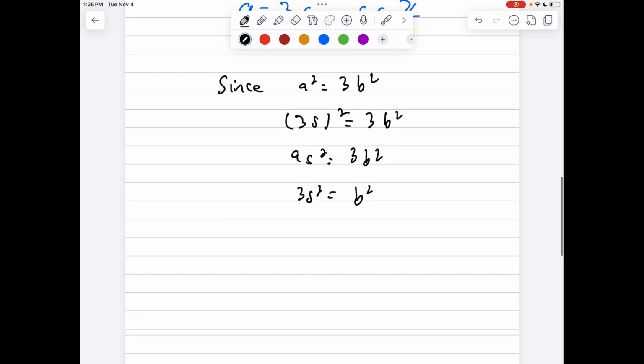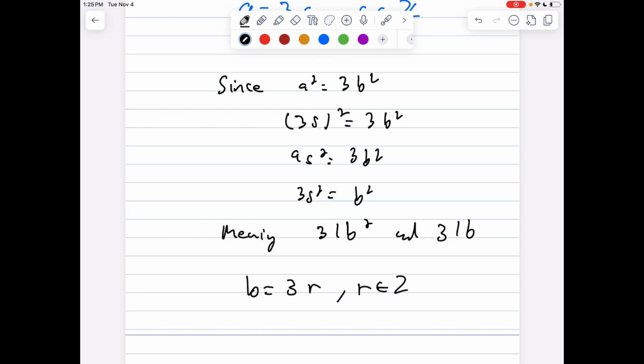Well, this means that 3 divides b squared as well, and by what I said earlier about 3 dividing a squared, 3 divides b. So b equals 3 times some integer r.